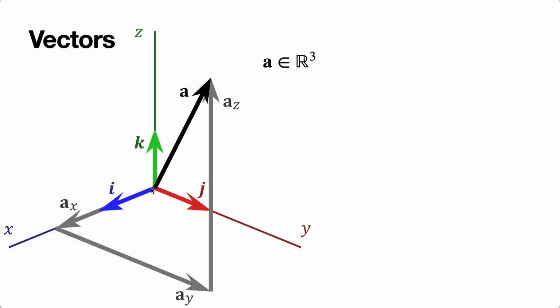Which starts at the origin and goes to this particular place in the three-dimensional space, because this is a three-dimensional vector. This notation right here says a is in the vector space of three-dimensional real numbers. This kind of R means real numbers.